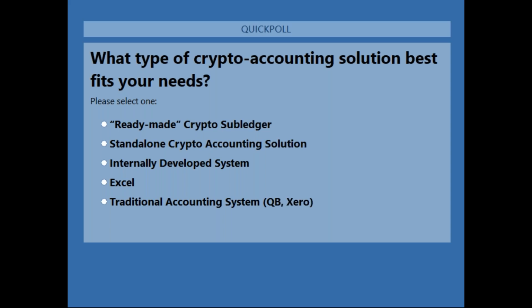Third is an internally developed system, and we've seen some of our clients use that as well. Fourth is, hopefully not the right solution, using Excel. And your fifth option is just using the legacy accounting solution, QBO, Xero, whatever it might be. We'll give you a minute to respond with the right answer for you.